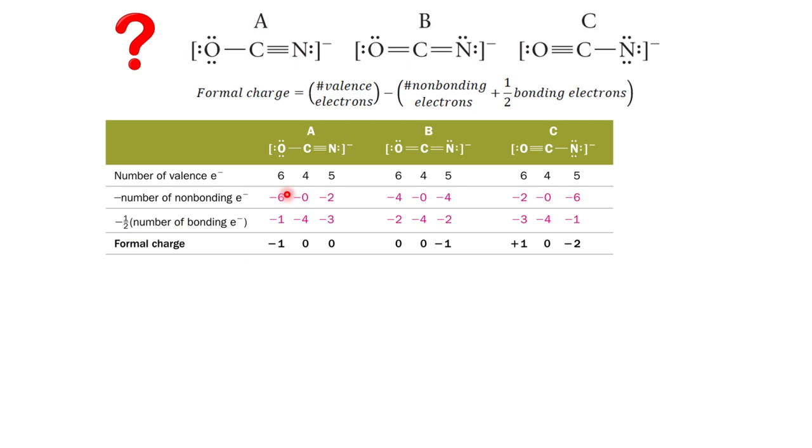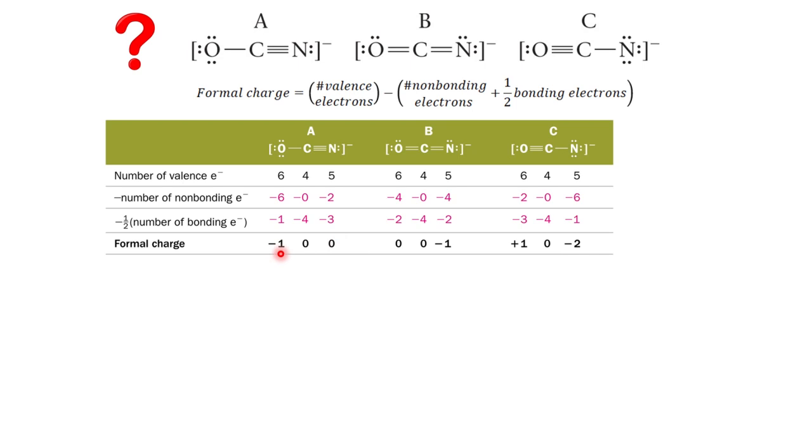And then our oxygen here, half of the number of bonding electrons, so there's 2, half of that is 1. This one has 8 bonding electrons, half of that is 4. Nitrogen has 6 bonding electrons, and half of that is 3. Okay, so we add all this up, and we get these formal charges.